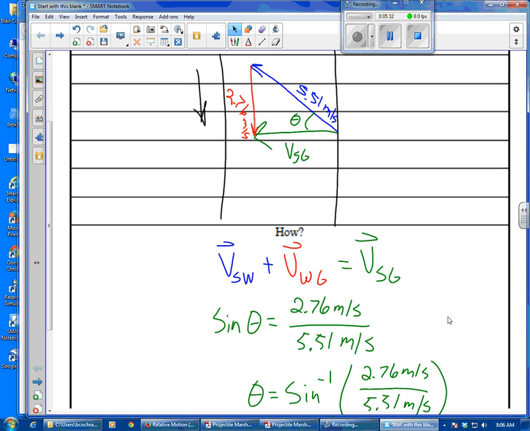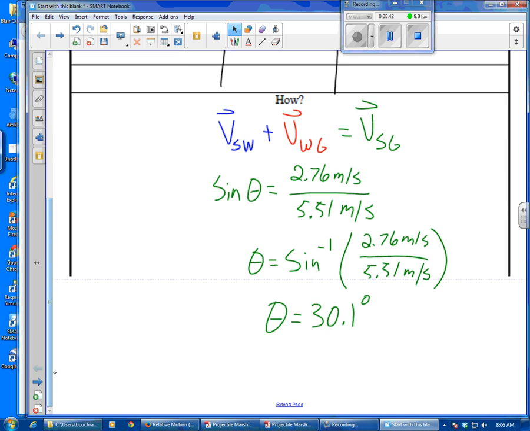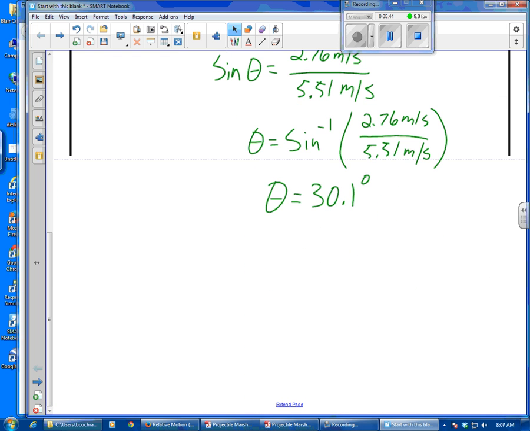And now I need to know the value of that vector, the length of it, the magnitude of it. So now I'm going to use Pythagoras, where a squared plus b squared equals c squared.